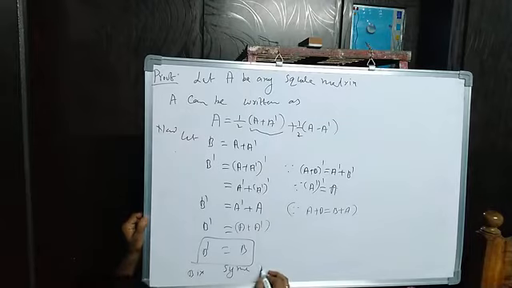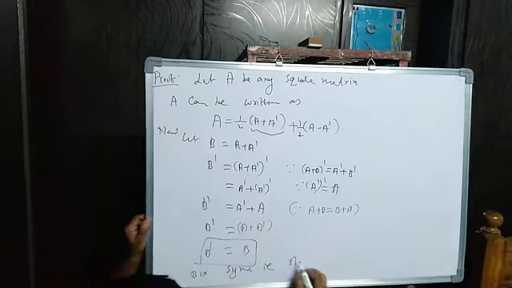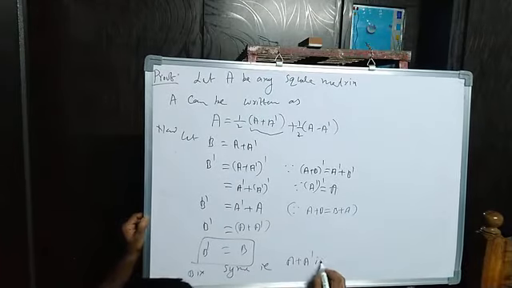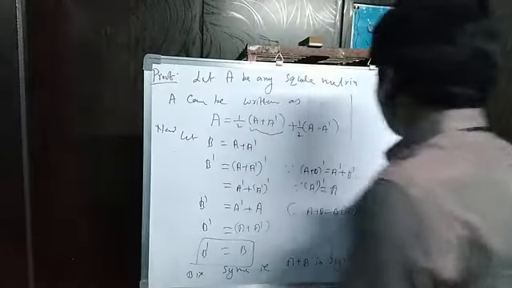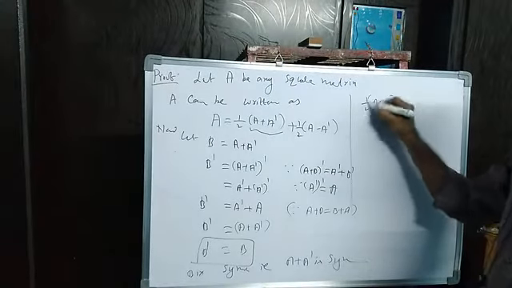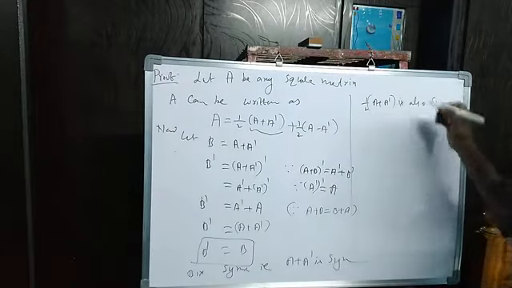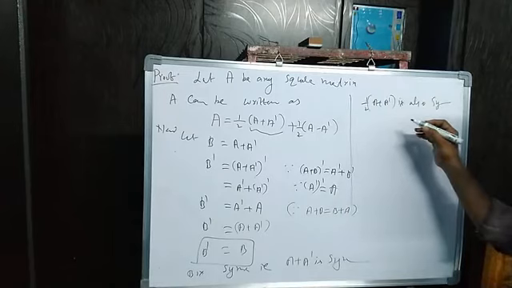B is A plus A dash, so A plus A dash is symmetric. That means automatically half into A plus A dash is also symmetric. Why is half into A plus A dash also symmetric?